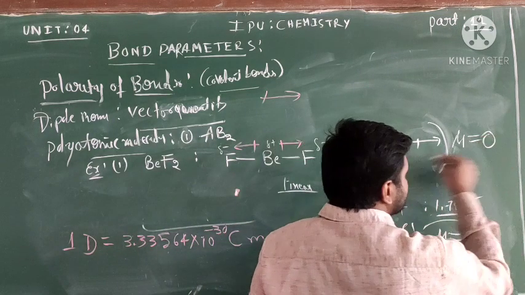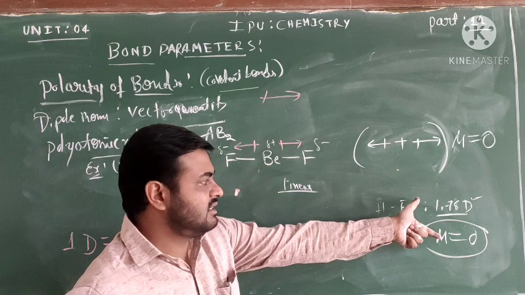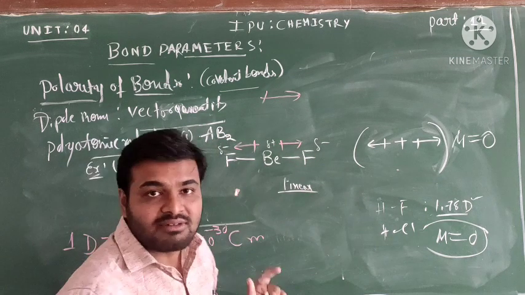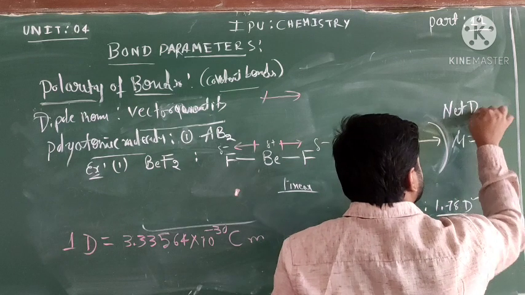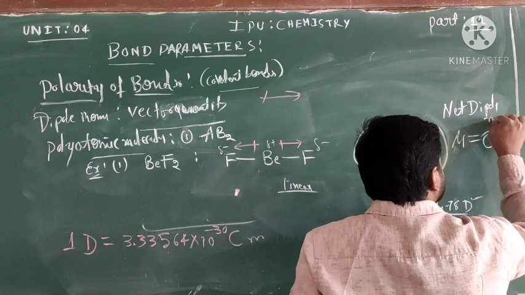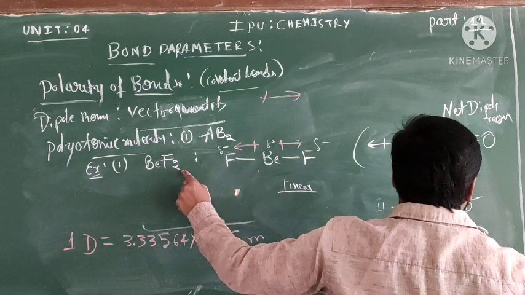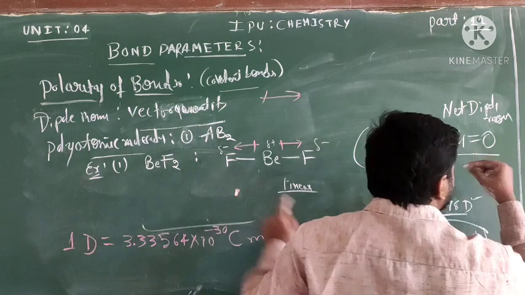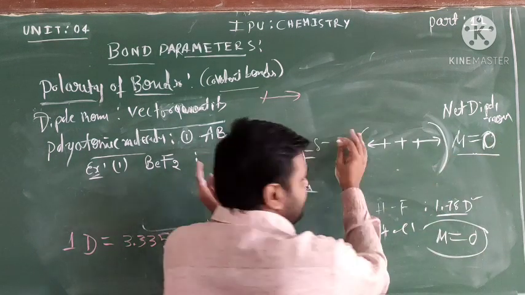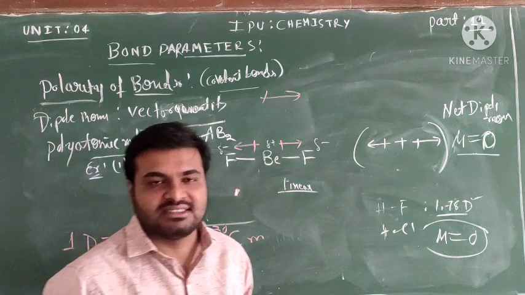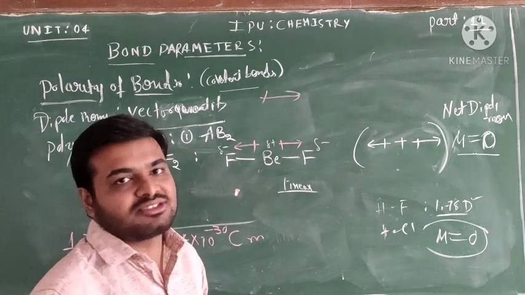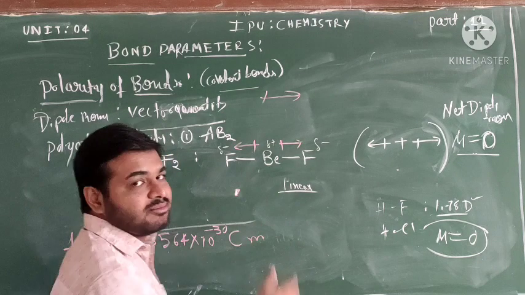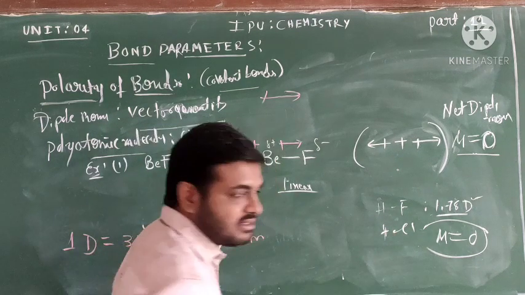So the net dipole moment of beryllium fluoride is 0 because the values cancel each other. We observe this in X-ray diffraction and spectroscopic methods.